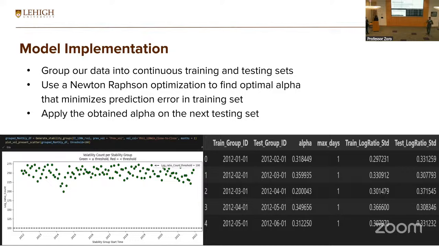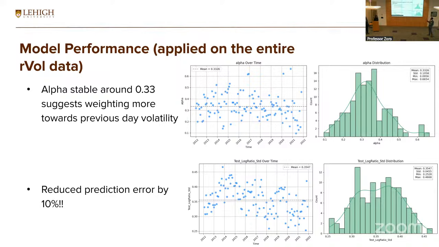And then we tested that alpha on the next month, February. And then we did that rolling to see the stability of this model. That's one of the testing tools that we have. Stability plays a big, important role. And the optimization method that we used was a Newton-Raphson type of algorithm.